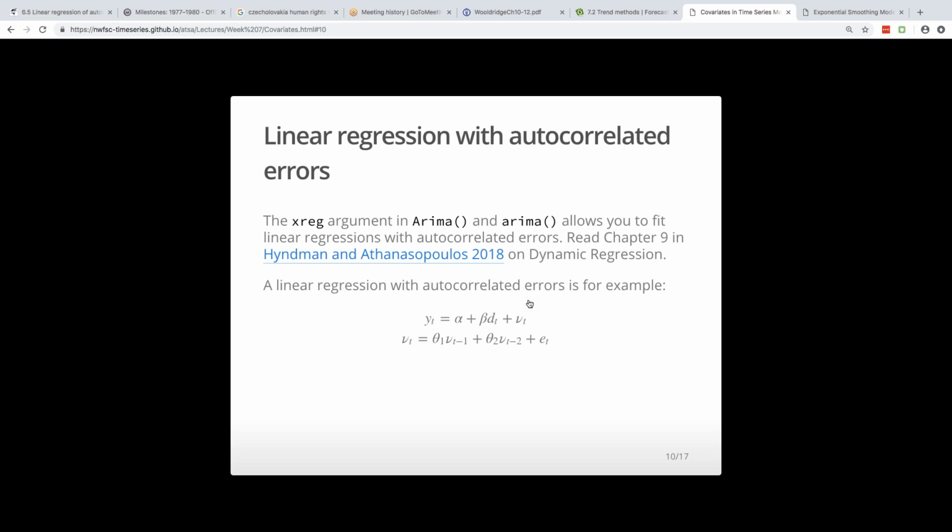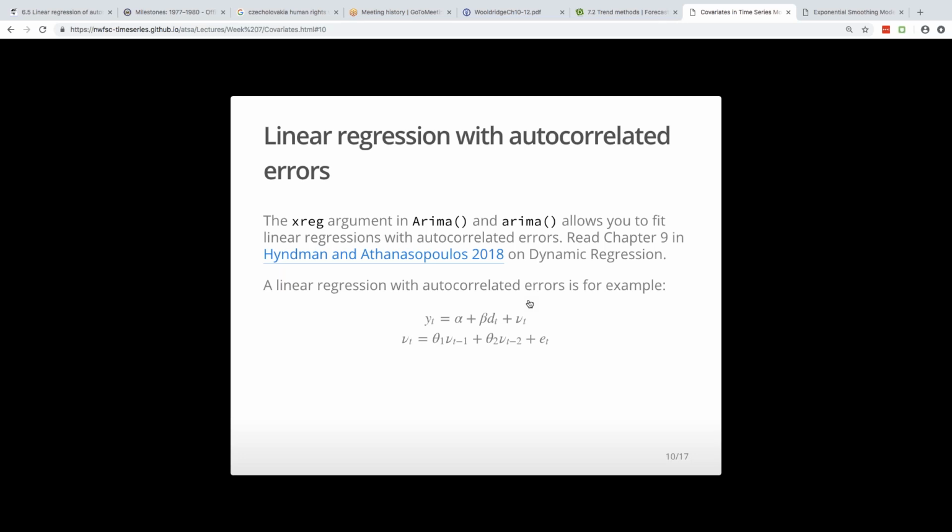And now instead of thinking of these as independent, I'm going to model these as some autocorrelated process. In this case, I've just happened to write down an AR2. We could have an AR1 with an MA2, whatever. Whatever combination of ARMA models we've seen, we can have the same for our errors.